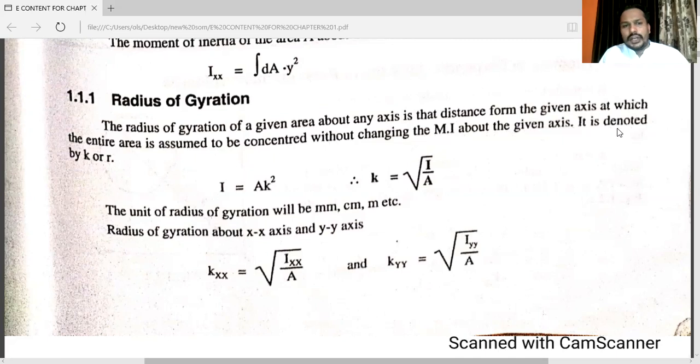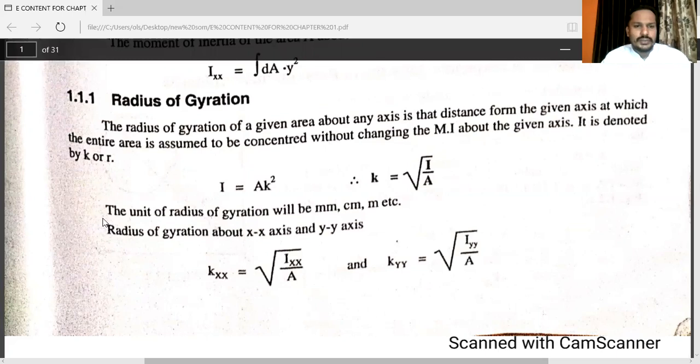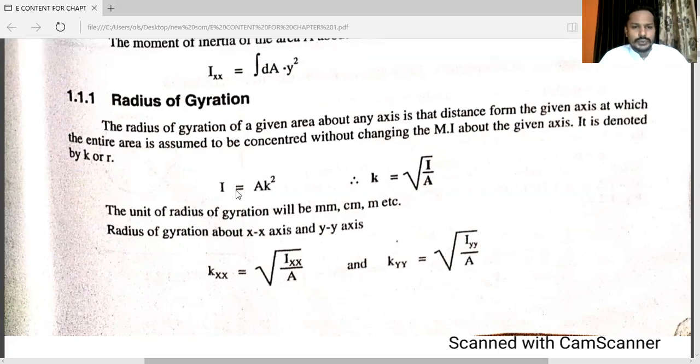It is denoted by K or small r. See, you can see how radius of gyration is denoted. See, you can see the formula. Moment of inertia, you can see I is equal to A into K square. A is the area, K is the radius of gyration.